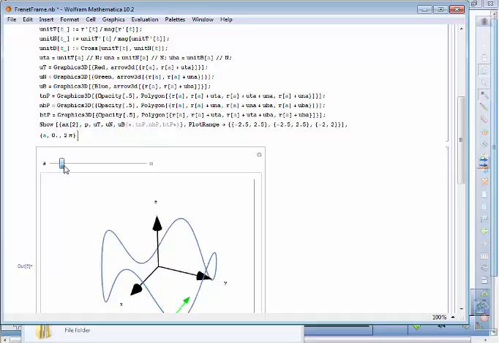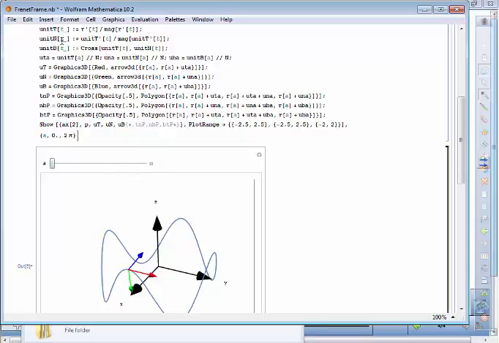All right. So the red vector is the tangent vector. And if you follow that going around, it's going in the direction of the path of the curve, right?